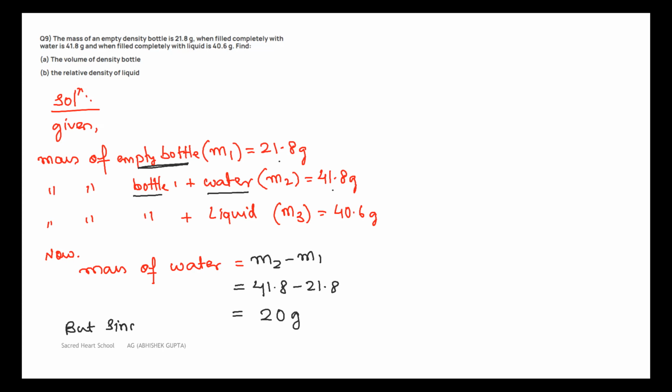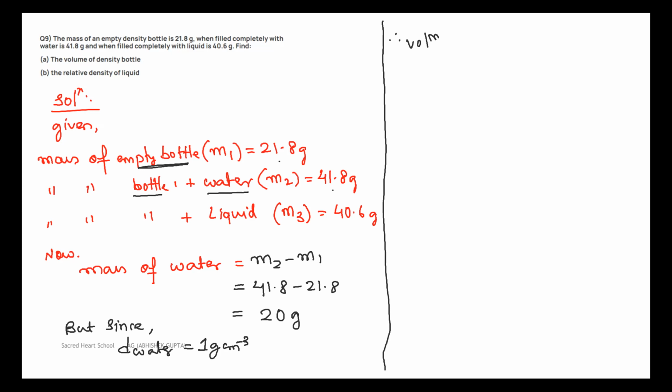Fine. Now since density of water is 1 gram per centimeter cube, therefore can I say volume of water will also be equal to 20 ml, that is, 20 centimeter cube? Understood? Because mass is given, density is given, so volume is how much?